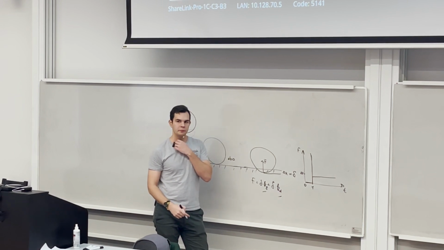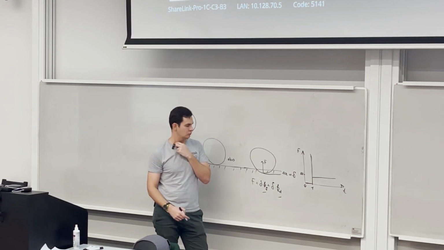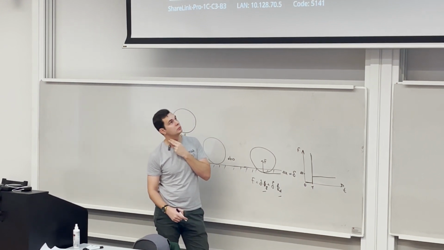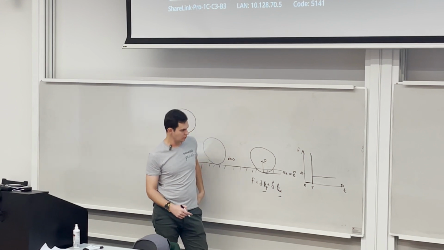I wanted to ask about this. Shouldn't we add a constant term to the normal force to represent this mg part? No. Because here Kc delta plus c delta dot, after this small moment will be 0. But the normal force will be 10 newtons. You can try it at home.